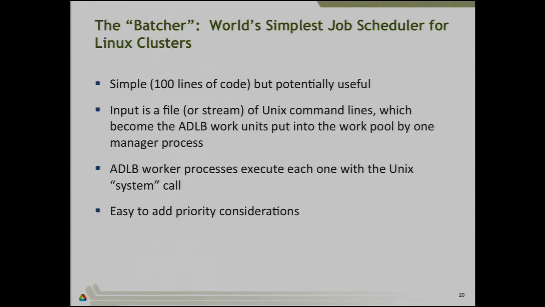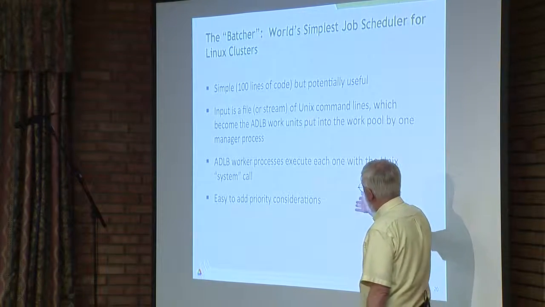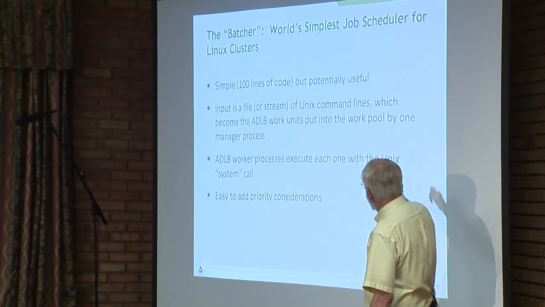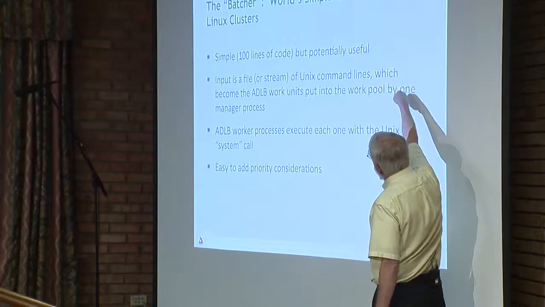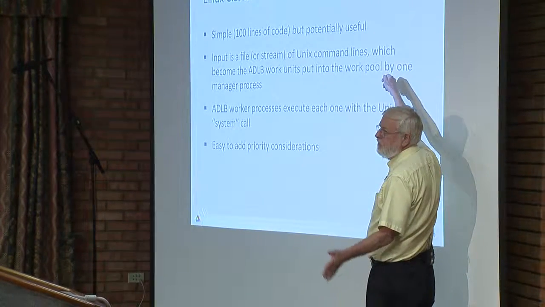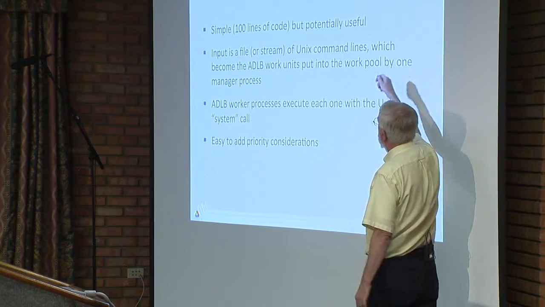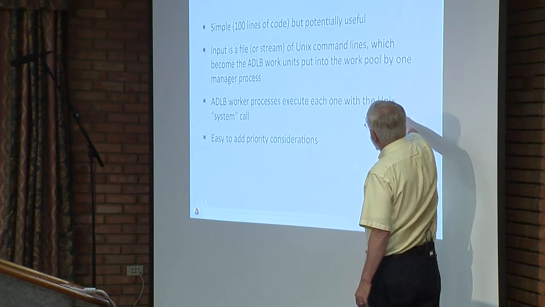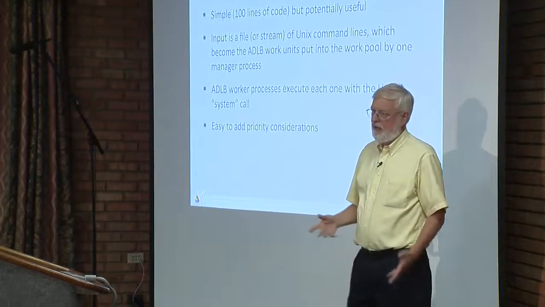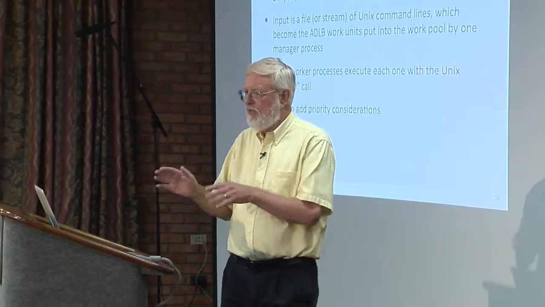ADLB will balance them across however many processes you gave it. And it's easy to add priority consideration. So the way this works is one guy puts them all in, or you could stream them in as jobs are submitted, and everybody else pulls them out. They pull out a command line, and just execute the system call on that command line. So there's absolutely nothing to this, but some people find it a very handy tool.